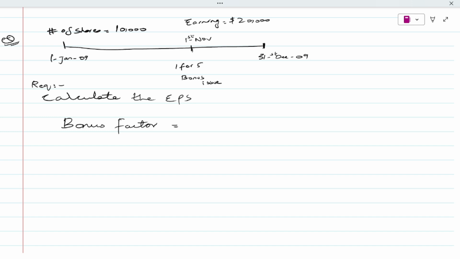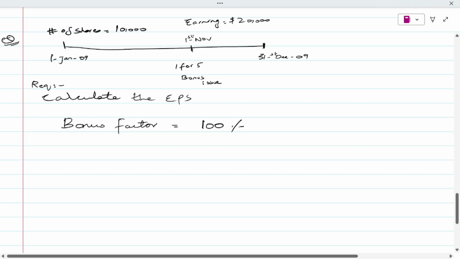That's it. Okay. So that way is that whenever we start our question, whatever the number of shares that we have in issue, for example, in this case is 10,000, they represent 100%. Okay. Just remember this. So whatever shares that we have in issue, those represent 100%. All right. Just learn that.